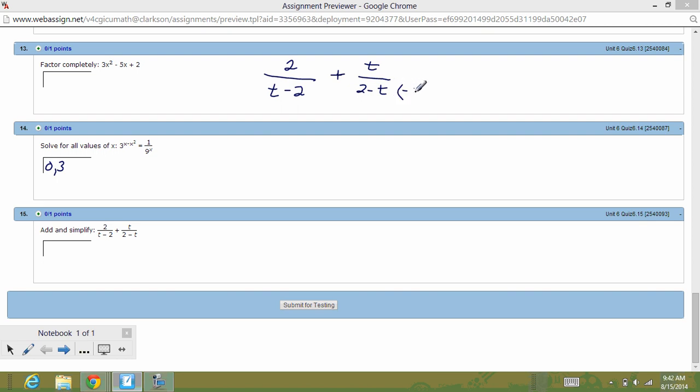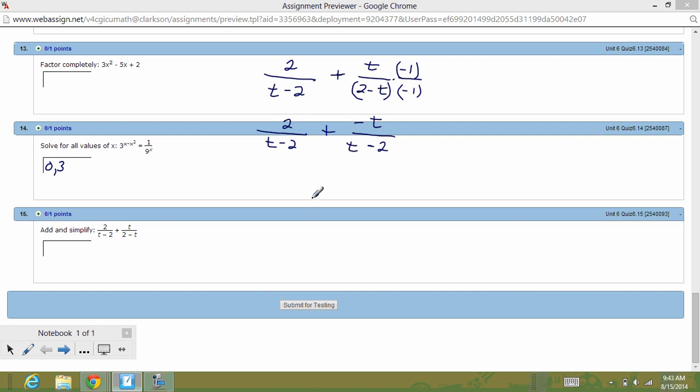If on the right, for instance, I just multiply top and bottom by -1, so I'm multiplying by 1, then I will have a minus t, of course, in the numerator. And what that will accomplish with this denominator is it will make the 2 negative, and it will make the t a positive t.